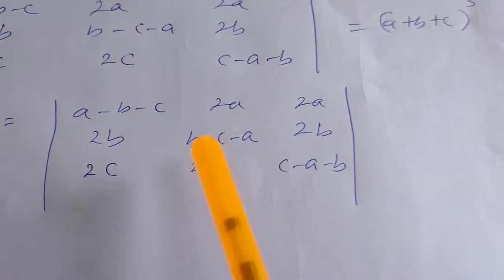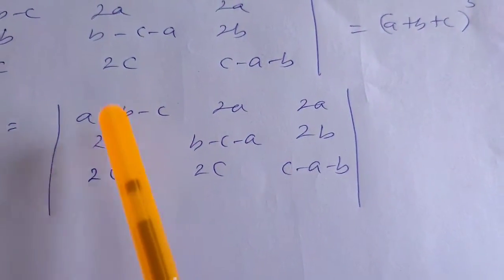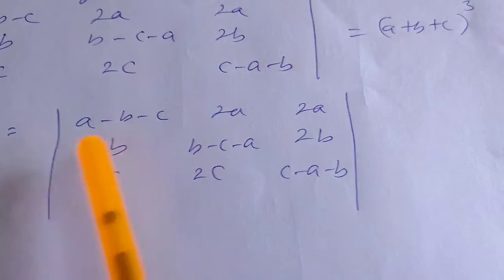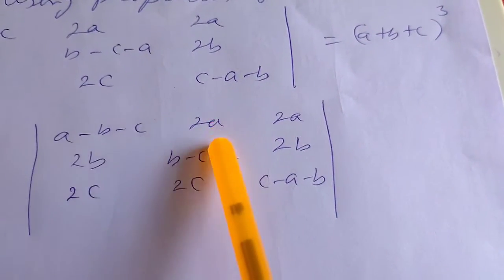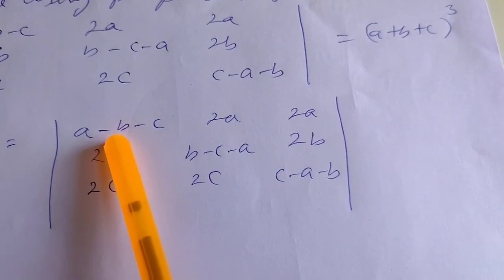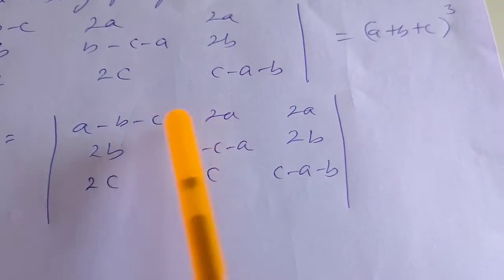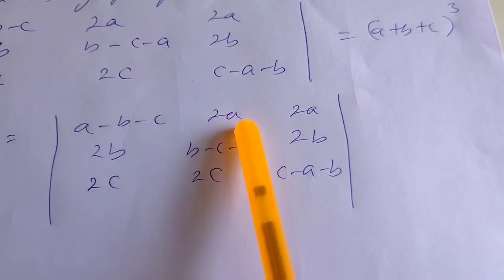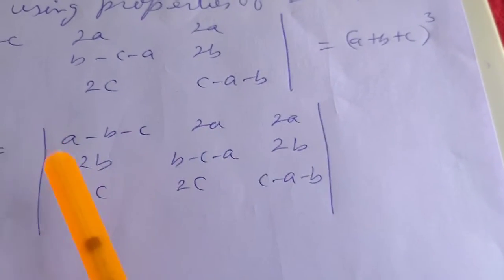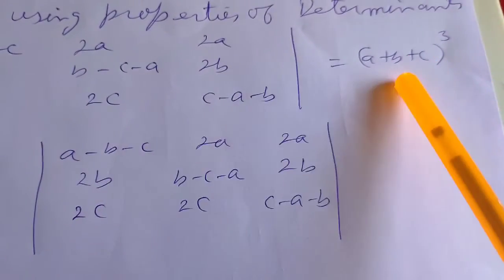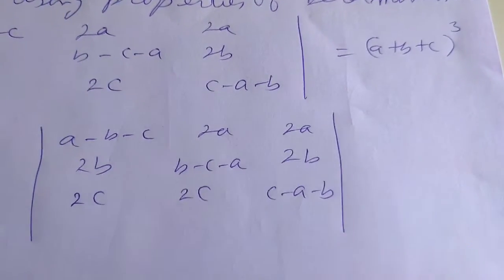If we add column 1 and column 2, in column 1 we have a minus b minus c, and if we add 2a, it will become 3a minus b minus c. So it is of no use to us. But what is our requirement? a plus b plus c whole cube.